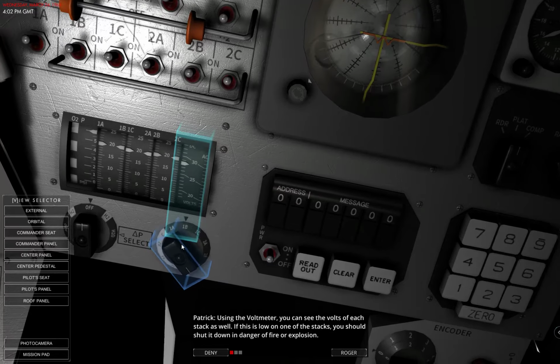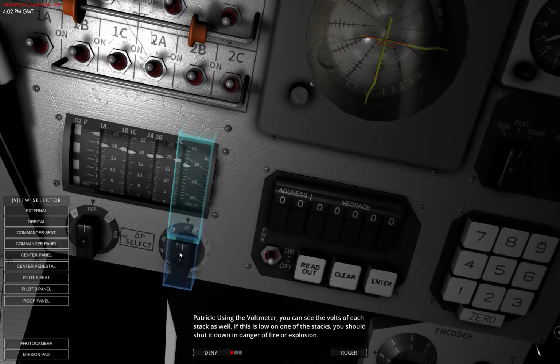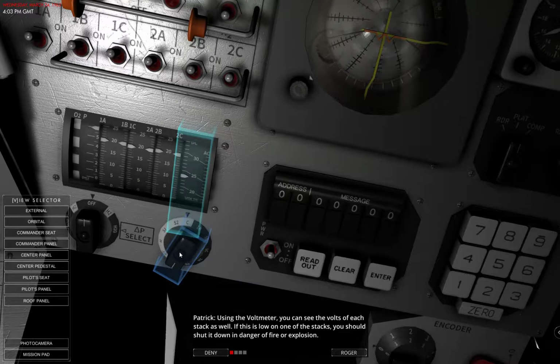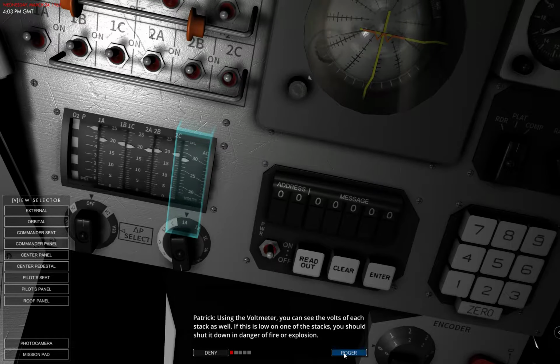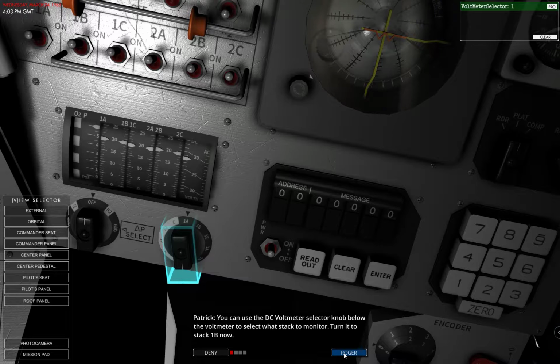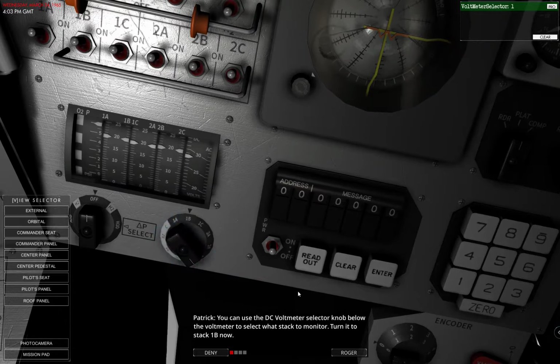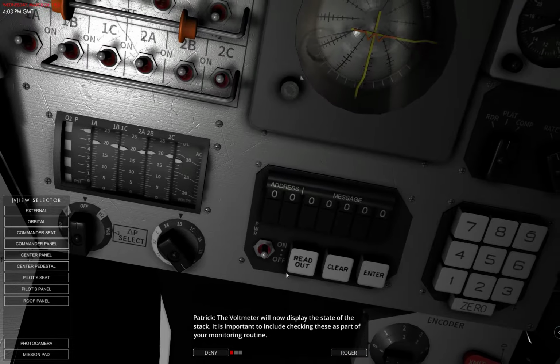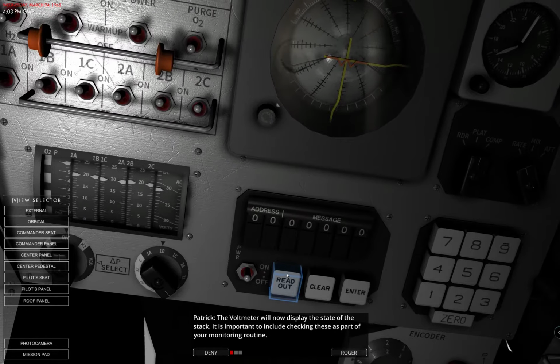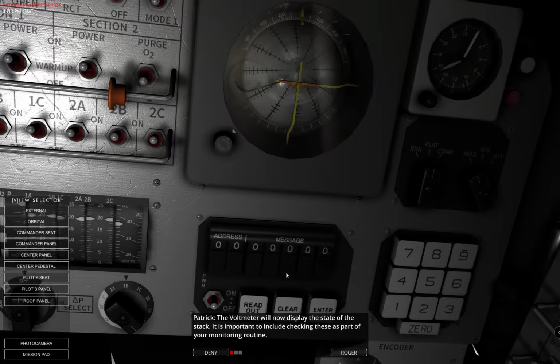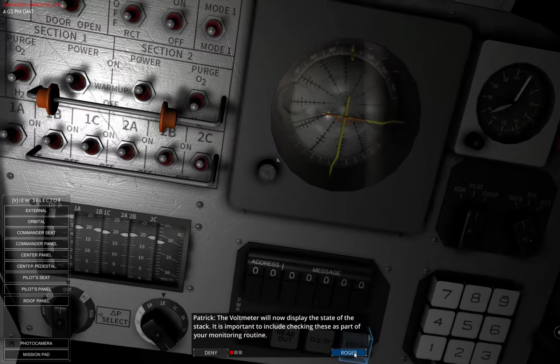So I guess here we can cycle through different fuel cells. Stack 1B. The voltmeter will now display the state of the stack. It is important to include checking these as part of your monitoring routine.